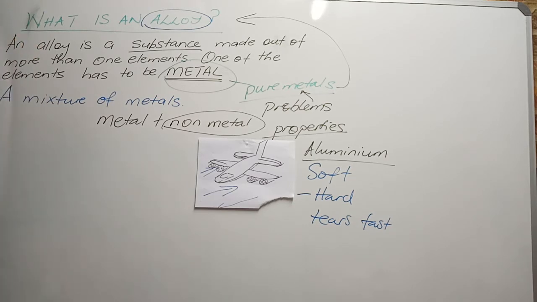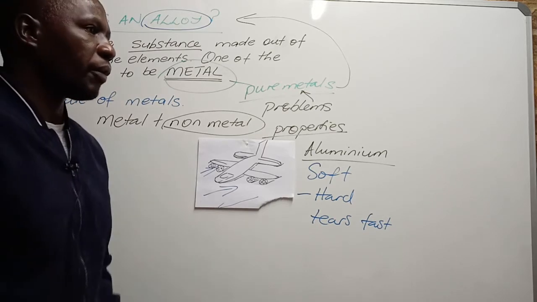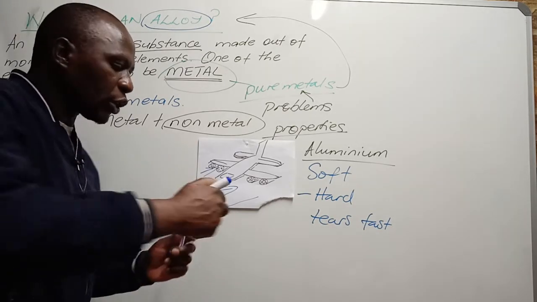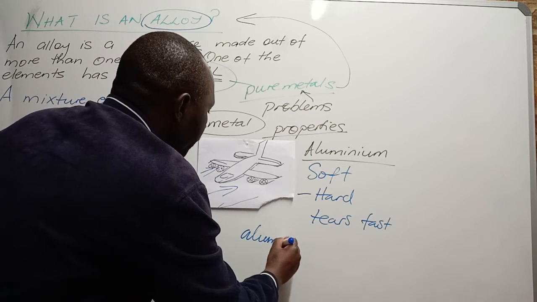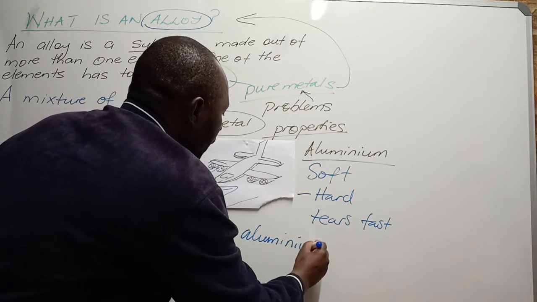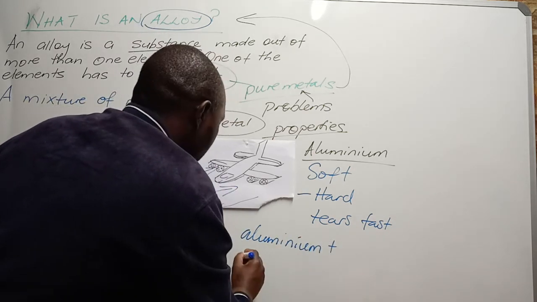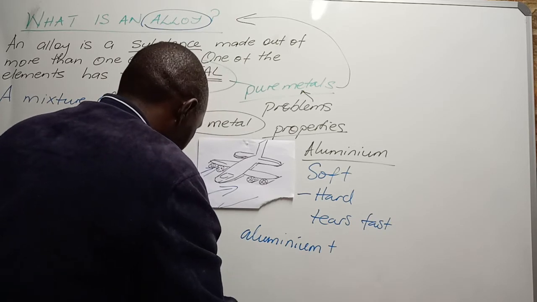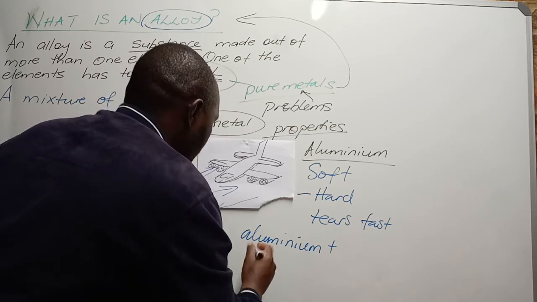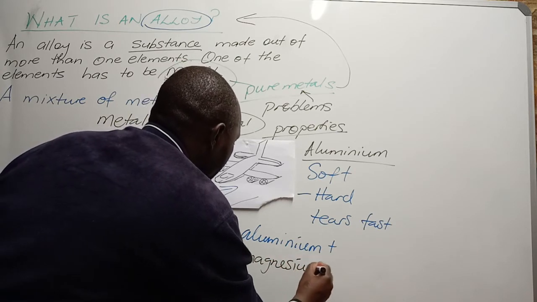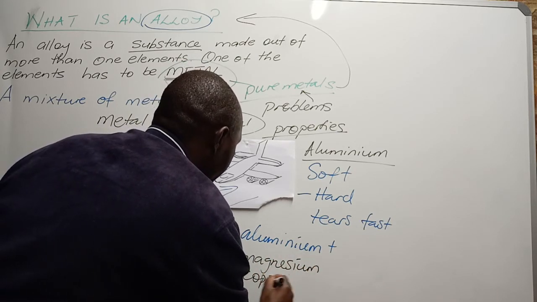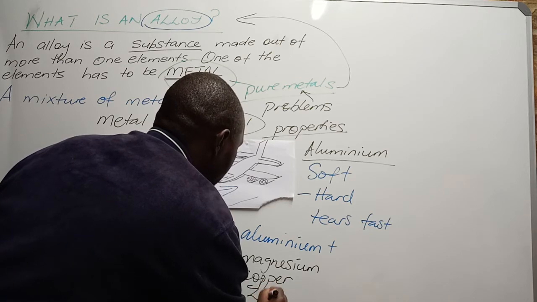Now, scientists came up with an idea of making an alloy out of aluminium and magnesium. So, aluminium plus magnesium, copper, and zinc.